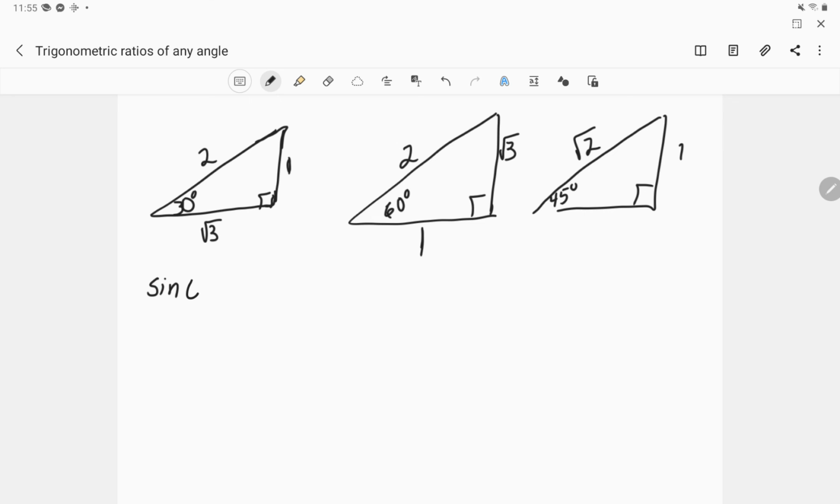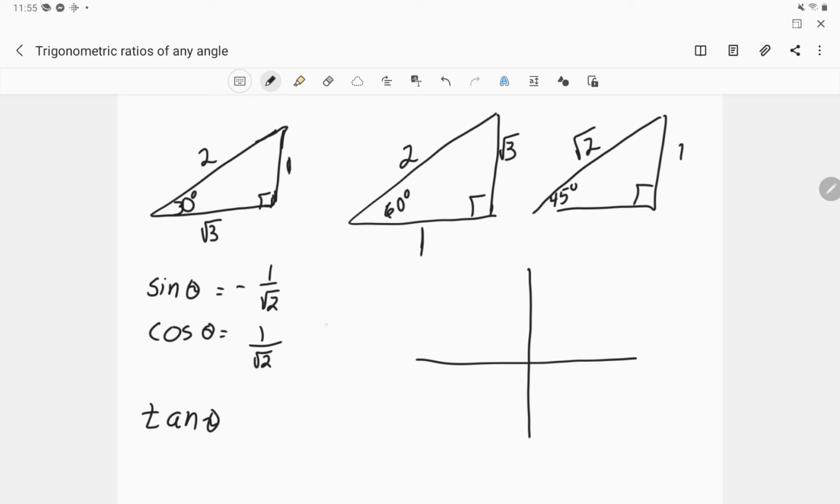They tell you sine of theta is negative 1 over root 2, and cos of theta is positive 1 over root 2, and they want to know what quadrant this would be in, and based on that, what is tan of theta?